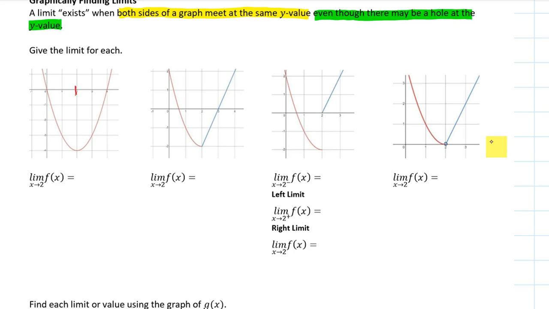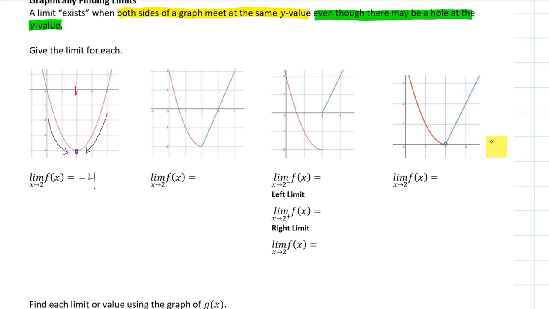So if I approach from the left side, coming down from the left, as I get closer and closer to x equals 2, the y value is getting closer and closer to -4. And if I approach from the right side, the positive side, this side also comes down and approaches the value of -4. So we would say that the limit is -4.